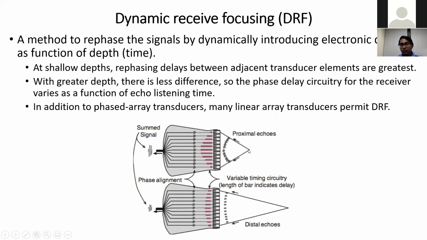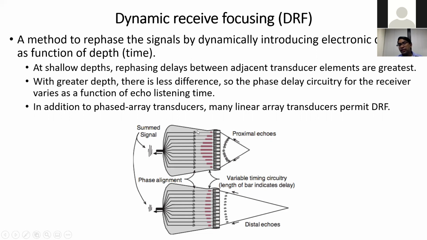So if you want to focus at one particular point on the receive side, you can choose where that point is in the field of view, and then based on the distance from the element at which you are looking at that signal, you can decide how much you want to delay your receive signal. For example, if we are getting a 100 column long signal on the first element, we know that it takes more time for an echo to travel from here to the end element compared to the center element.